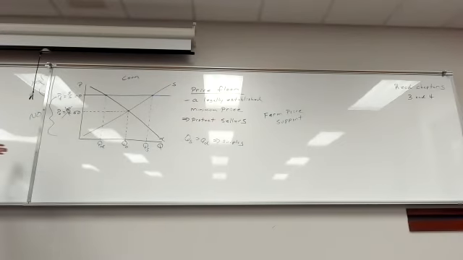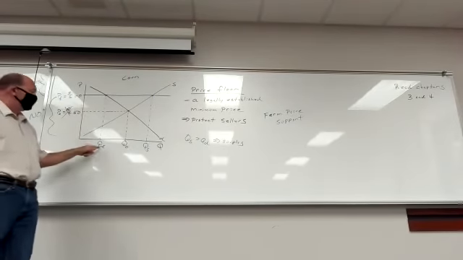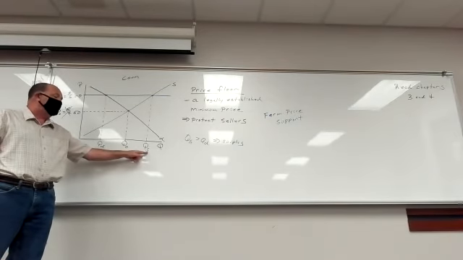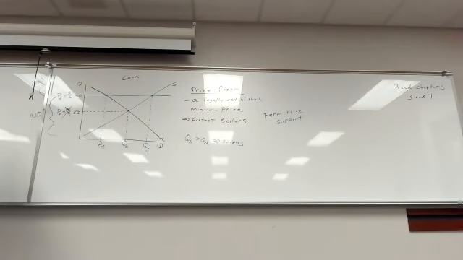So it's a win-win for the farmer because, first of all, they're getting a higher price for their product than they would have if it was left up to the market. And now, instead of selling QD, they're actually selling QS. So they're actually selling more than what they were in equilibrium, now at a higher price. Right. So it's a win-win for the farmer.